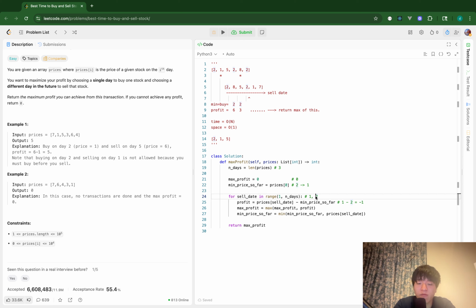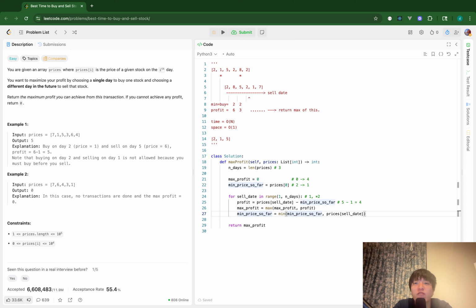Okay, so now I go back to line 24, and now sell date is 2. So profit is now 5 minus min price so far, which is now 1, which is 4. So max profit is updated with this, so now it becomes 4.